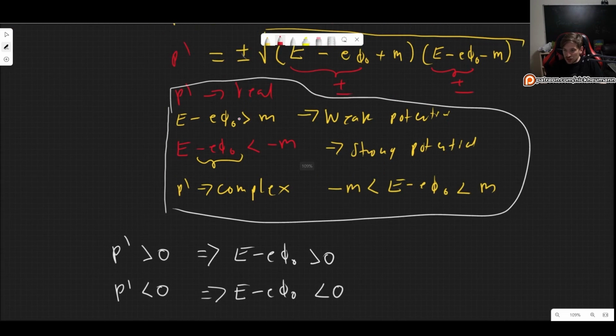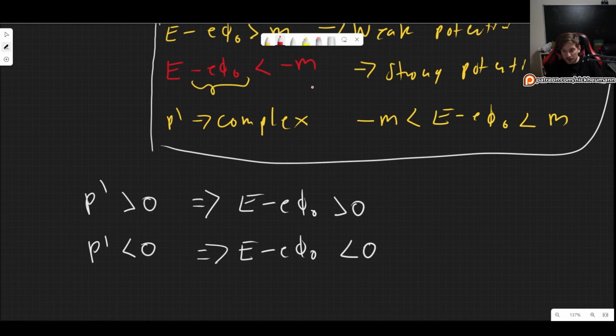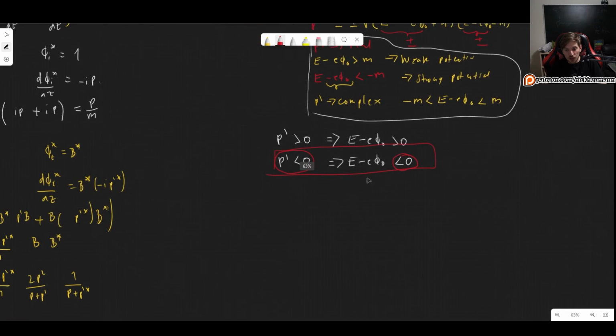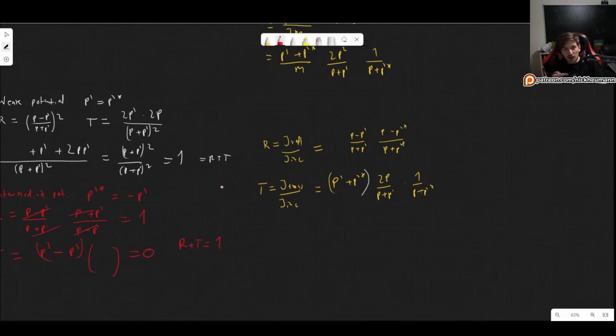The strong potential is the case where E minus E phi 0 is smaller than minus m, which means that E minus E phi 0 is less than 0. And the condition that we saw previously when we did the whole group velocity thing was that if E minus E phi 0 is smaller than 0, then p prime is less than 0. So what we know is that p prime is real, but p prime is negative. Okay, so keep that in mind.